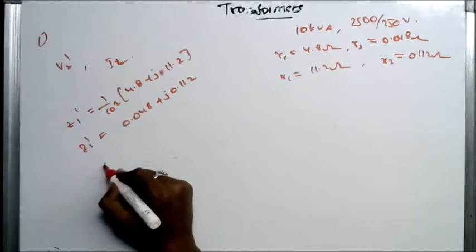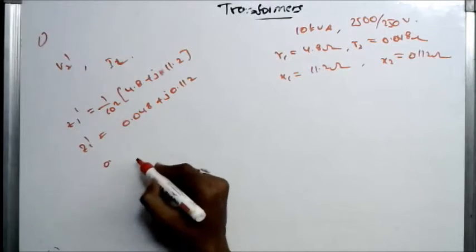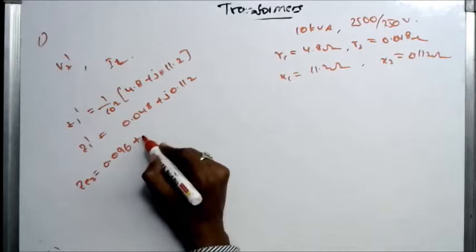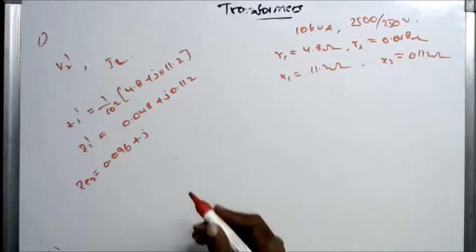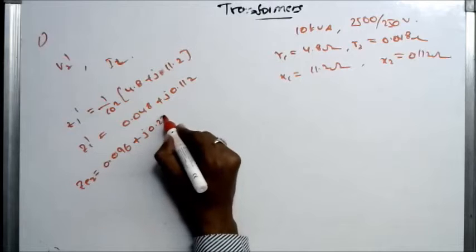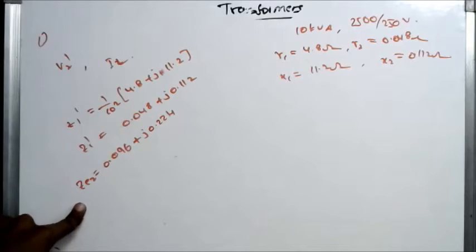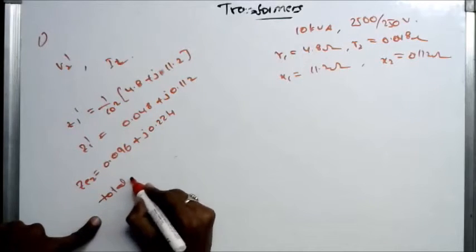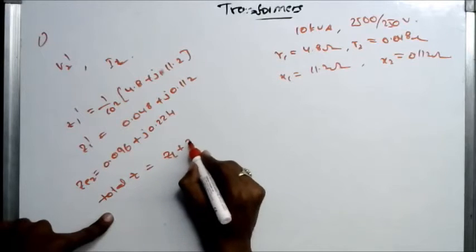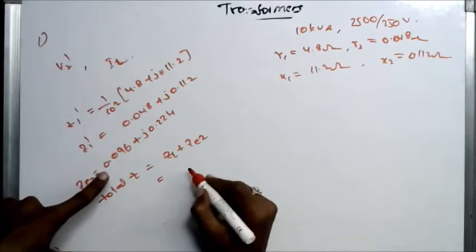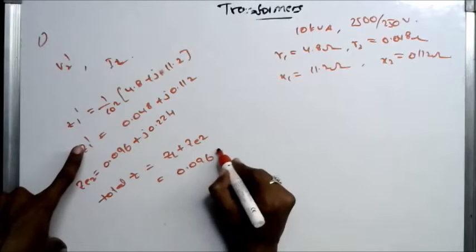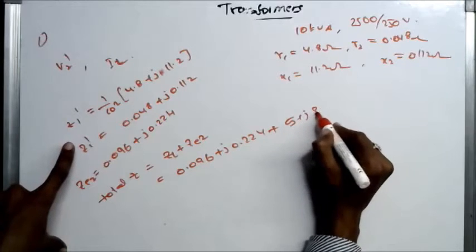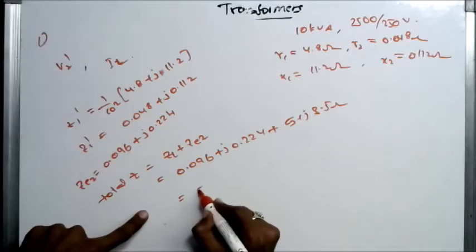Now sum these two. So I will get ZE2 is equal to 0.096 plus j into 0.224. Now total Z is equal to ZL plus ZE2, that is equal to 0.096 plus j into 0.224 plus 5 plus j into 3.5 ohms.